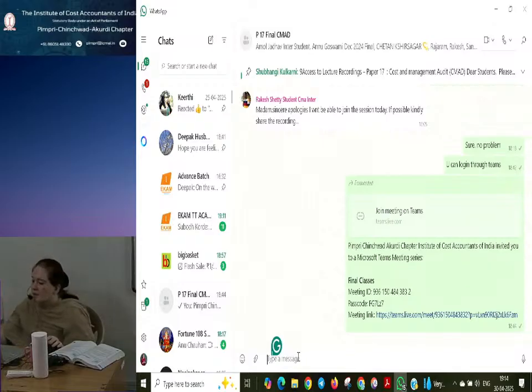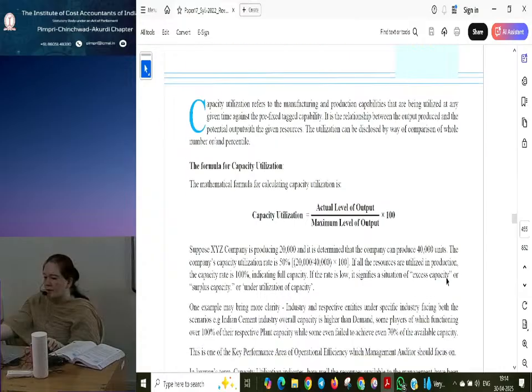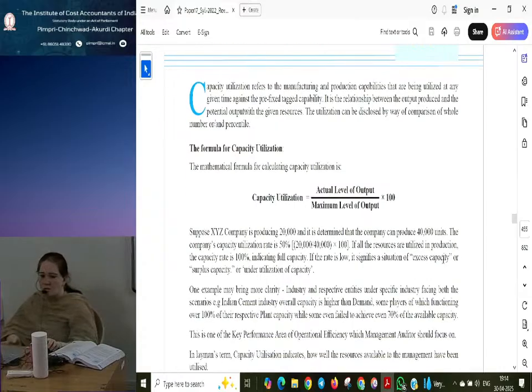So basically, when the capacity utilization is going to be affected, right? Can you just type in whatever your comments are? So it has a bearing impact on fixed cost.